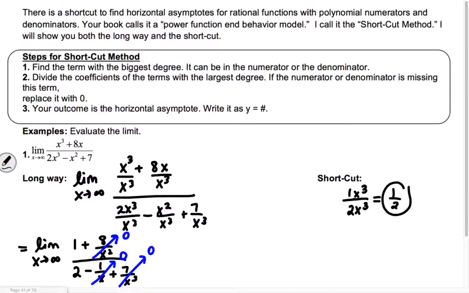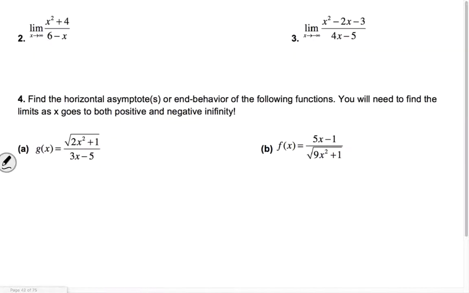So that's where our shortcut method comes from. Obviously we don't want to write this out every single time, so you can use the shortcut method. On this next one, our largest degree on top is x squared, and our largest degree on the bottom is negative x. So we got something weird going on. It works out to be like the same as negative x.